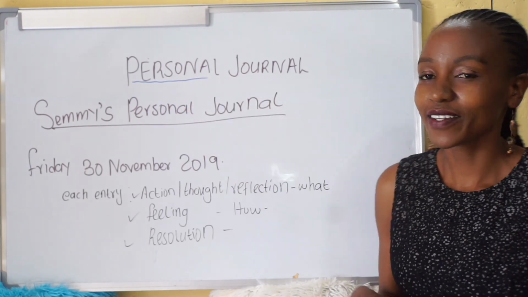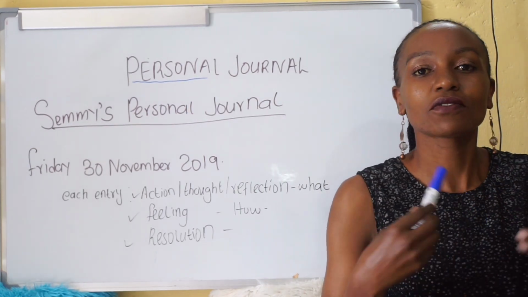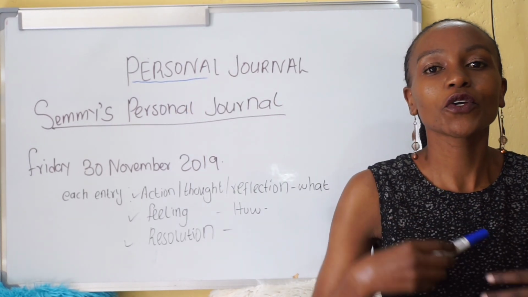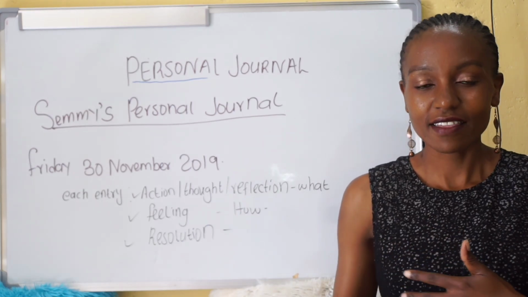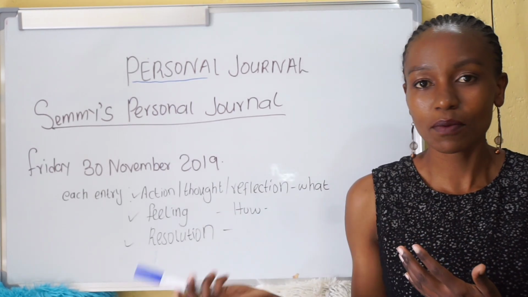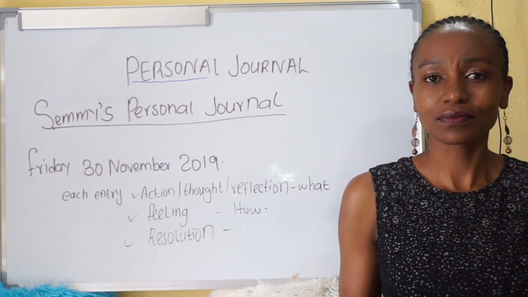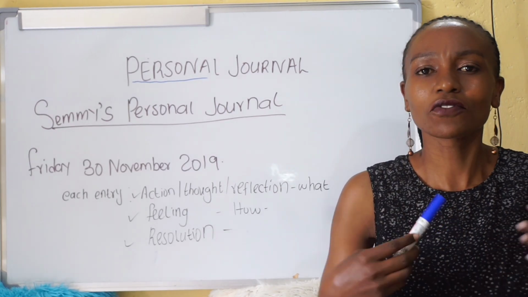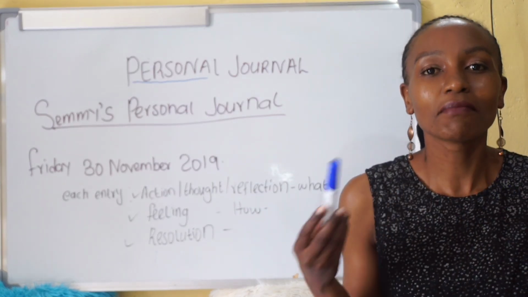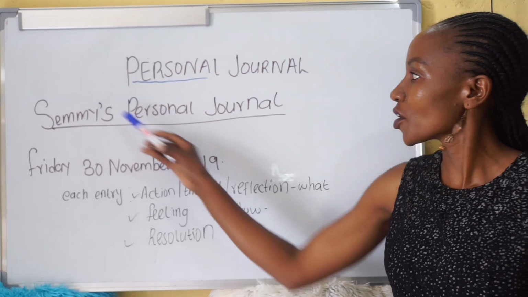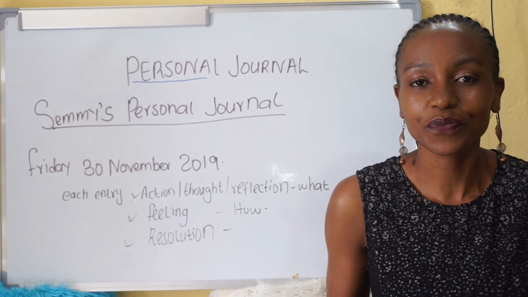So this personal journal is a private piece of writing in which you record your memorable events that made you feel happy, angry, depressed, confused, or even embarrassed. That is what you record in a personal journal.